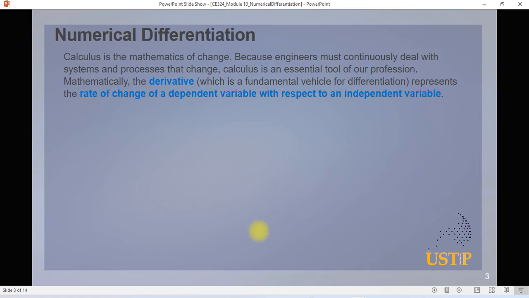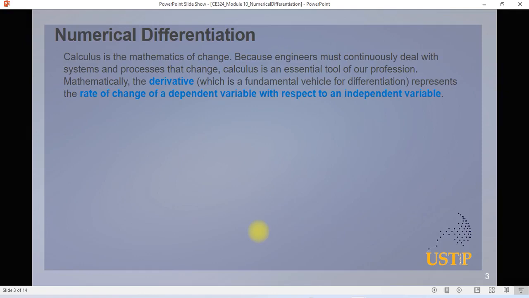Calculus is the mathematics of change. That's the basic, layman definition of calculus. When we say differentiation, that refers to rate of change, right? That's why we have delta y over delta x.